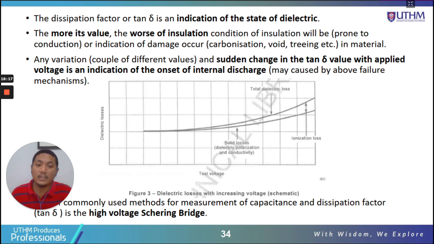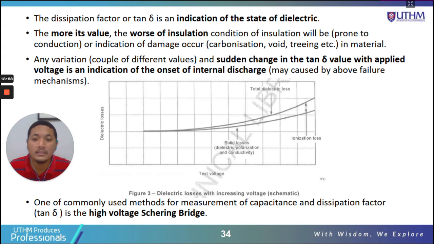But if at high voltage the increment is very high, exponential, that usually indicates internal discharge or partial discharge in the insulation. At high voltage, if the tan delta increases exponentially, that usually indicates ionization loss, meaning that partial discharge has occurred in the insulation material.